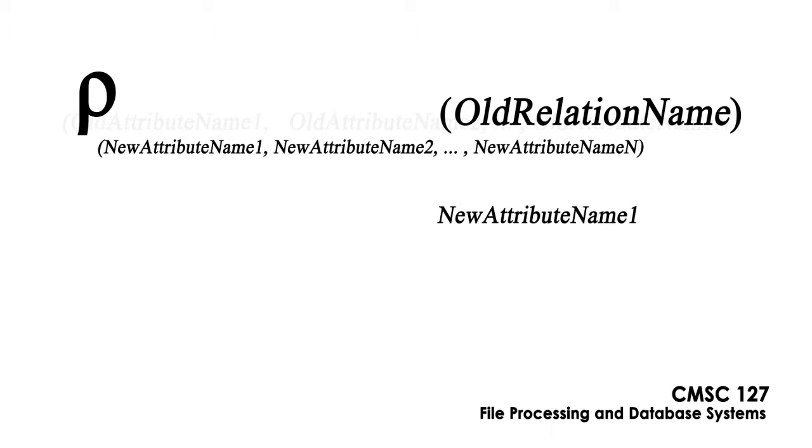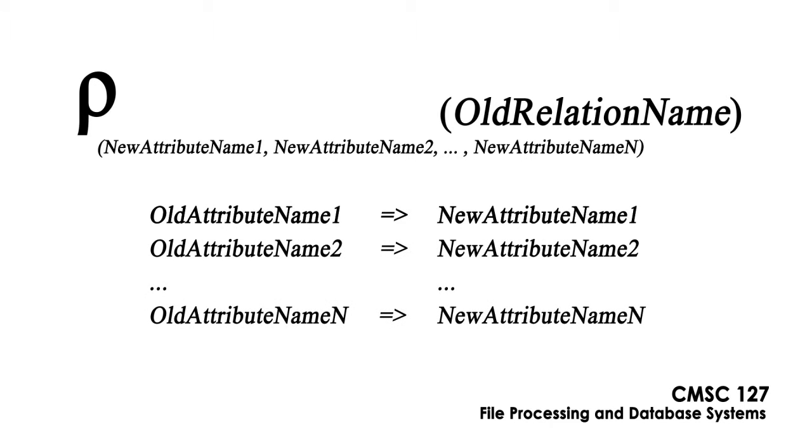Meaning to say, the first attribute that you specify in the rho operation should match the first attribute of the old relation. So we follow the order, and they are changed sequentially.